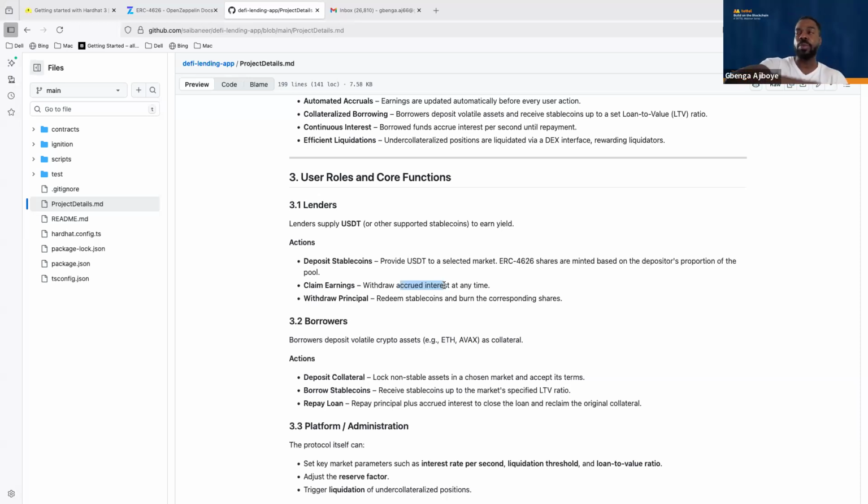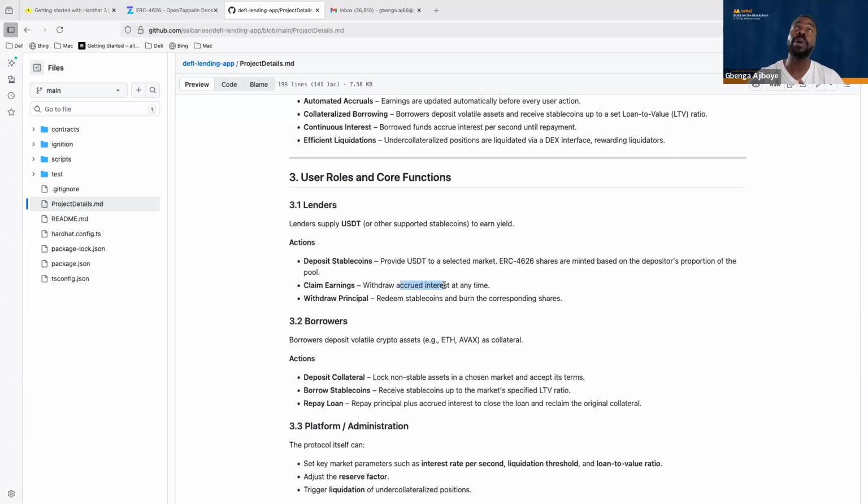And then the next time they want to perform an action, maybe as a lender, we track what the accrued interest is at that future time. We deduct the difference between the current minus the initial, which gives us the change in accrued interest. And then we multiply that by the number of shares that they have so that we know how much they are due. We store that and then we process their request.